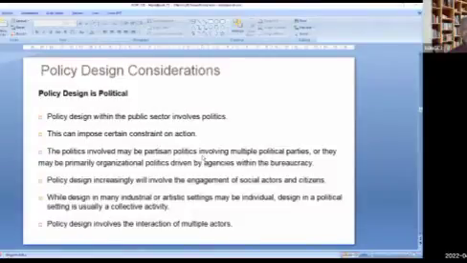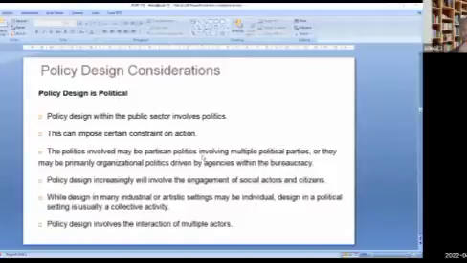Policy design will involve the engagement of social actors and citizens. That is extremely important, and this is one of the strong pillars of policy implementation and success. And this is where many of our policy makers and implementers fail.